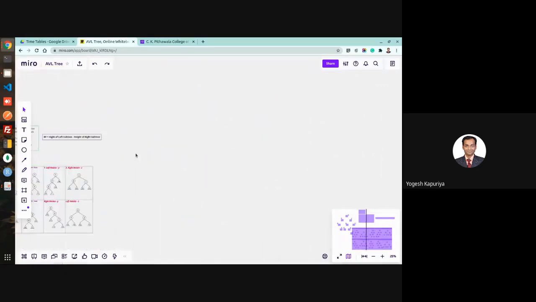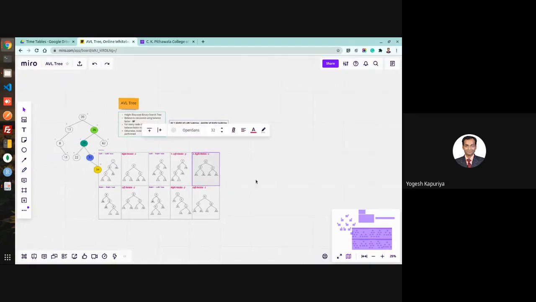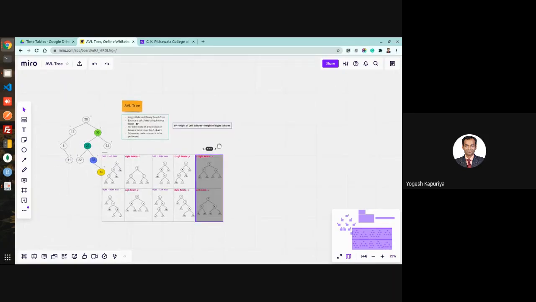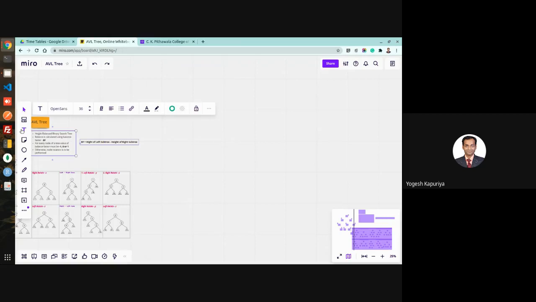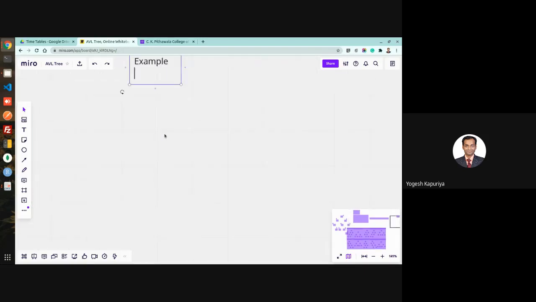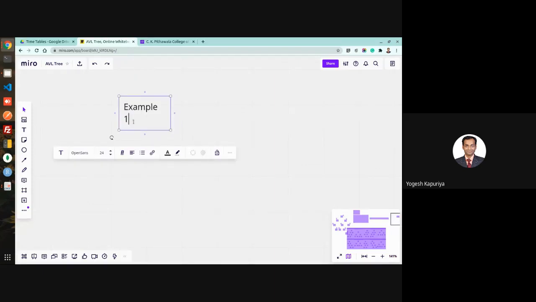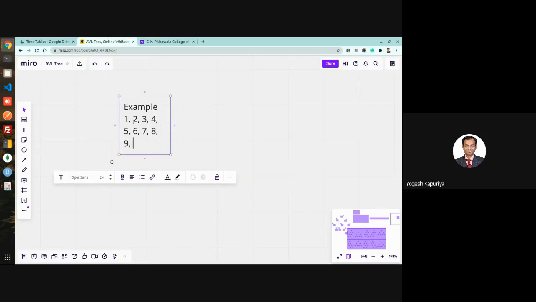So let's take this example. Let's say we are inserting some values. Let's make it simple first: 3, 4, 5, 6, 7, 8, 9, and 10.